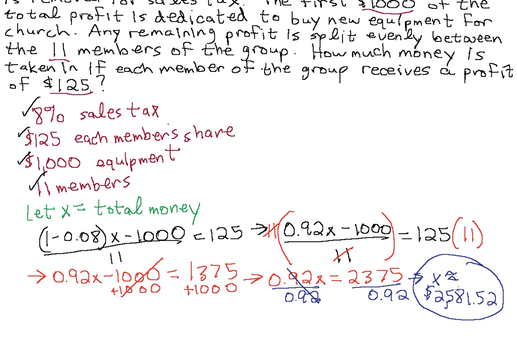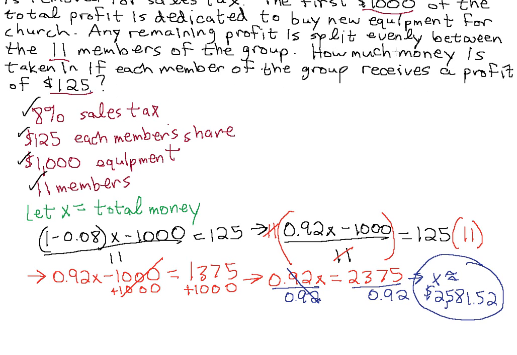Somewhere in the ballpark, and we can plug this back into our equation, remember, just to make sure that we are accurate. We want to make sure that our answer makes sense, that it solves the original equation by plugging it in, and that it answers the question being asked. We were asked how much money is taken in if each member of the group receives a profit of $125.